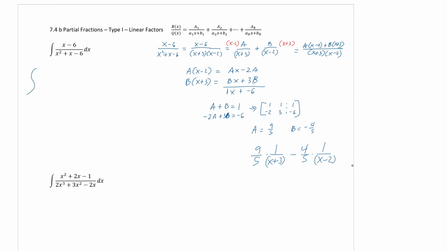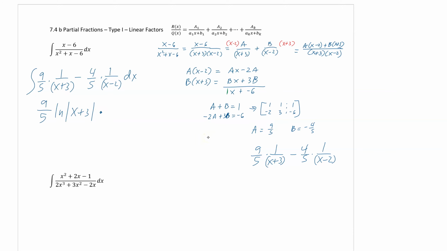Now we take the integral of 9/5 times 1 over x plus 3 minus 4/5 times 1 over x minus 2. Since these are linear factors, the bottoms are lines, we can easily do an integral with natural log. So this becomes 9/5 natural log of x plus 3, because there's no other number next to the x, so we don't have to worry about putting a fraction in front.